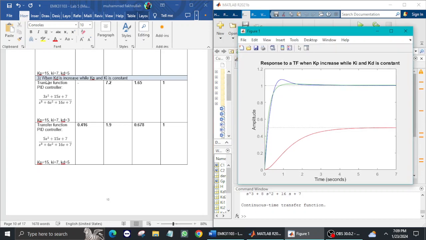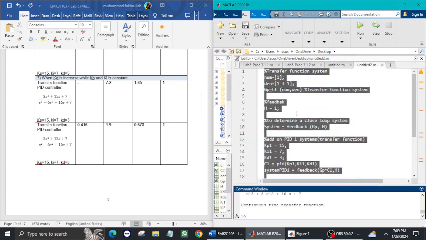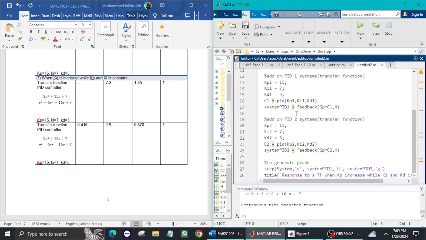For this, it is when KD is increased while KP and KI are constant. That means for the PID1 system, KD1 is 3 and KD2 is 5.